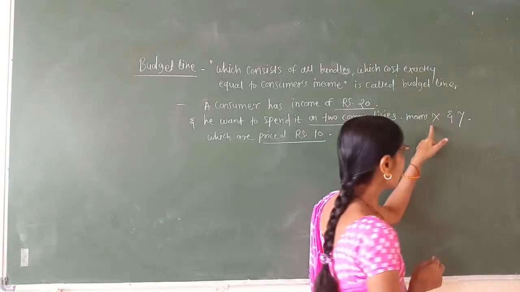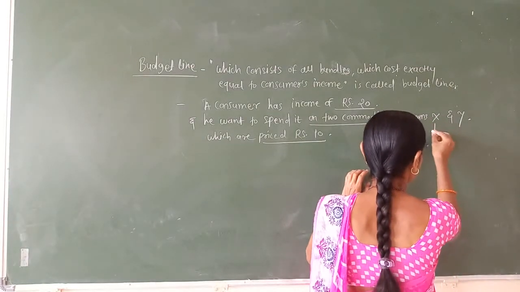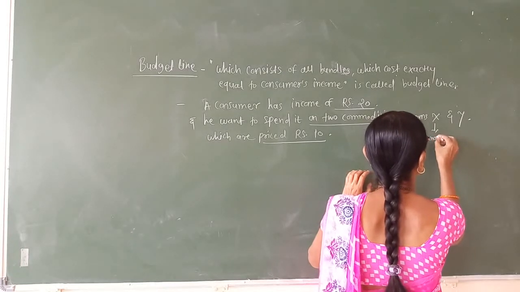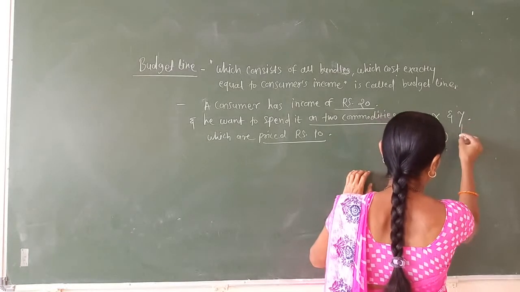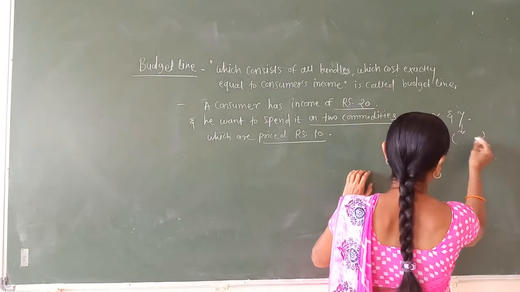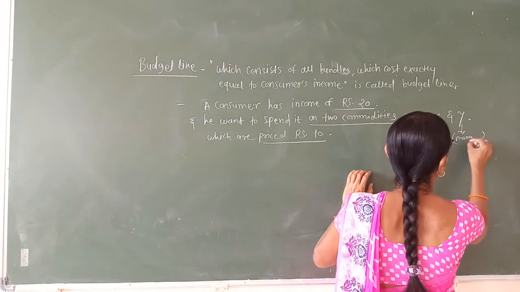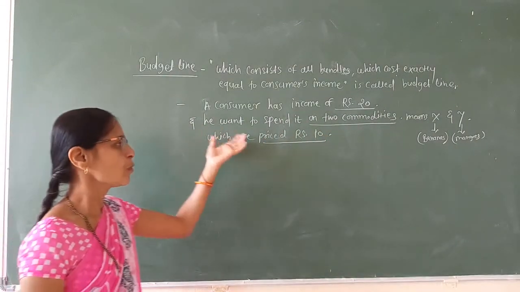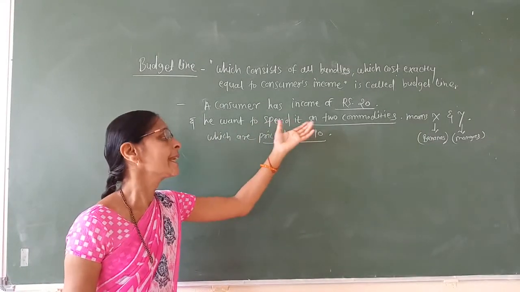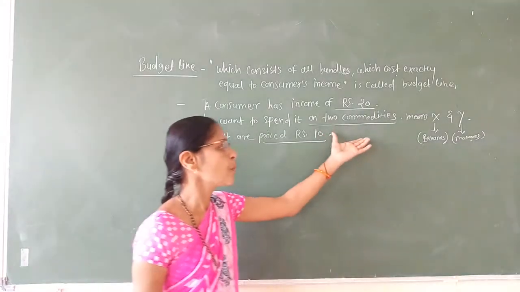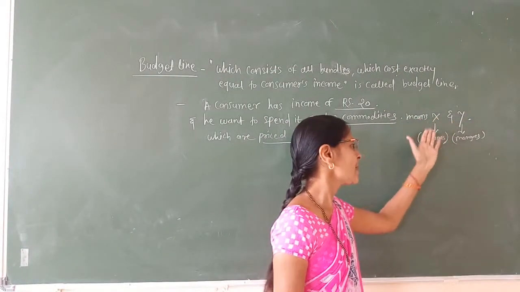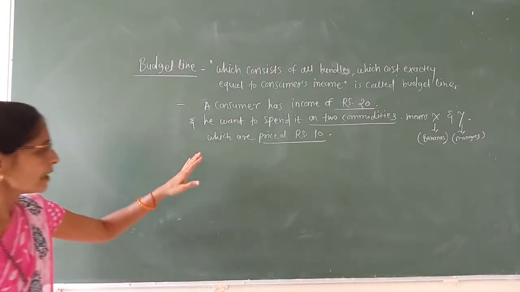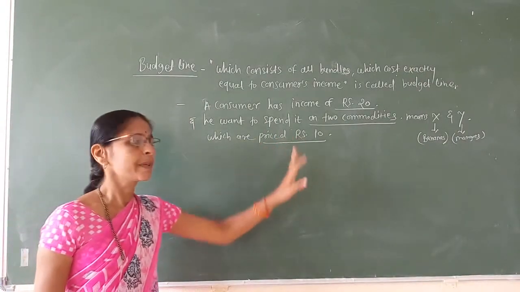Here X represents the units of bananas and Y represents the units of mangoes.